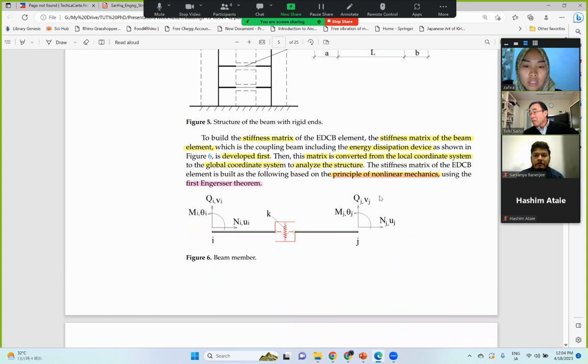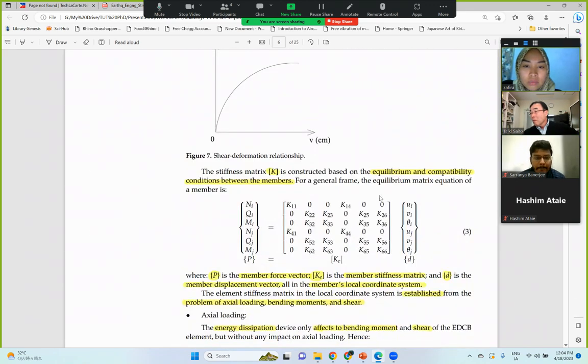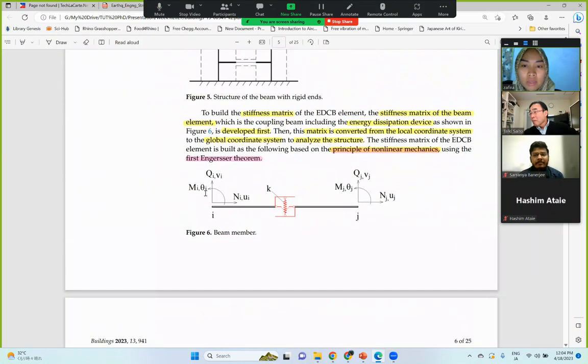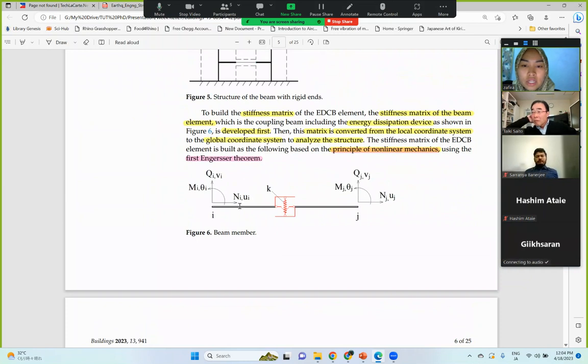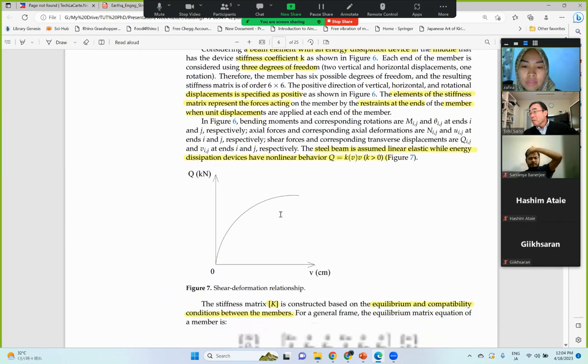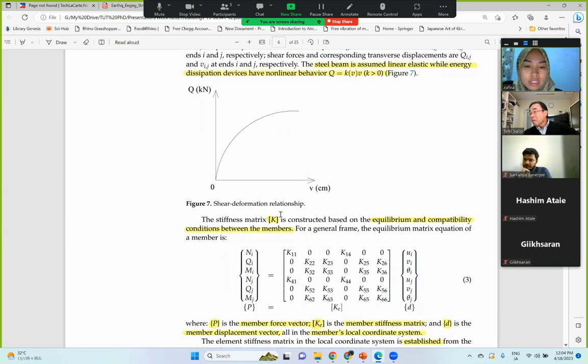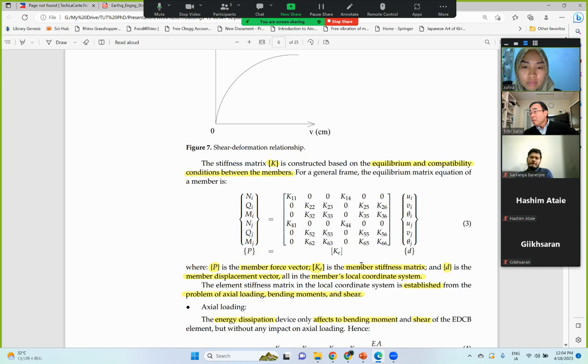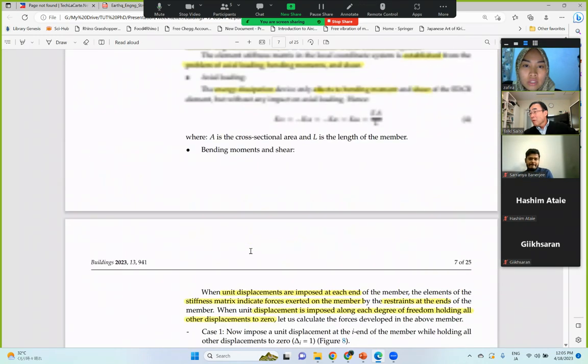It starts with this matrix. We have the beam, with the moment, shear, axial force and displacement for both ends of the beam, and in the middle we have the stiffness of the viscoelastic damper, and they put the equation in this matrix to calculate.